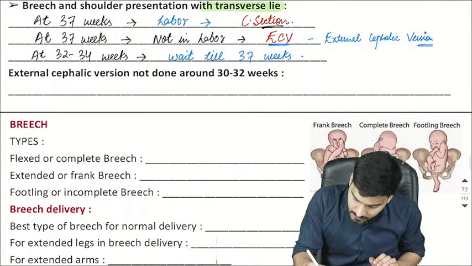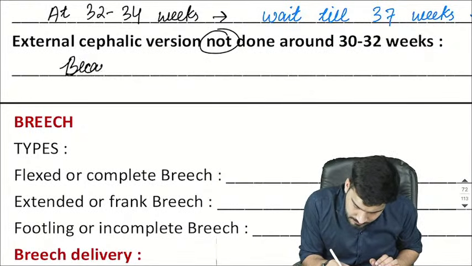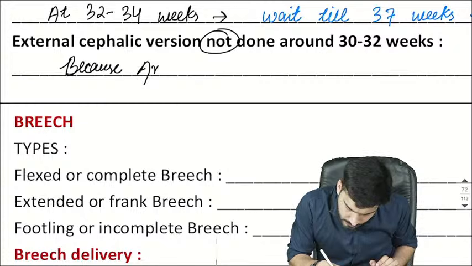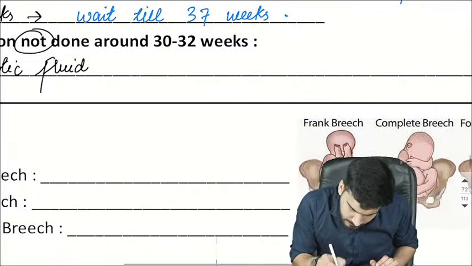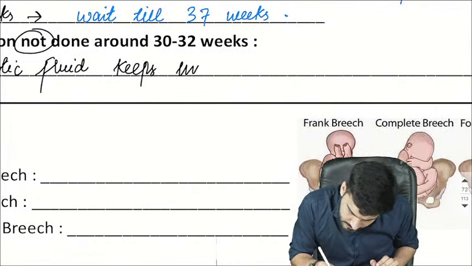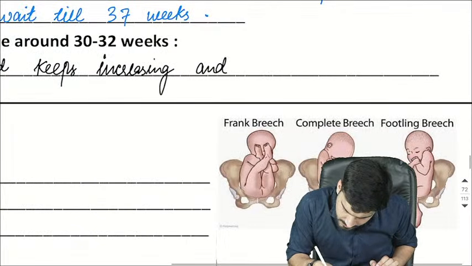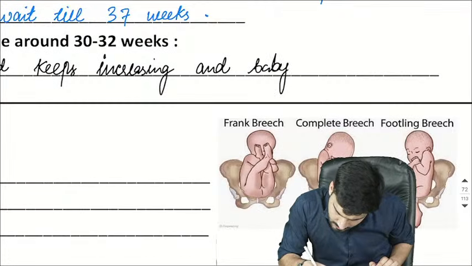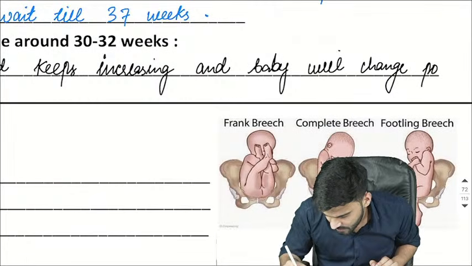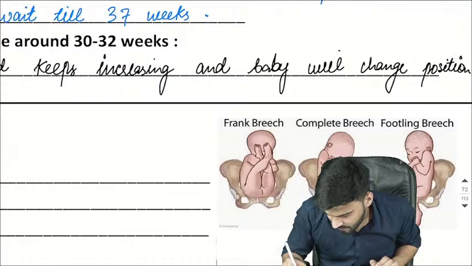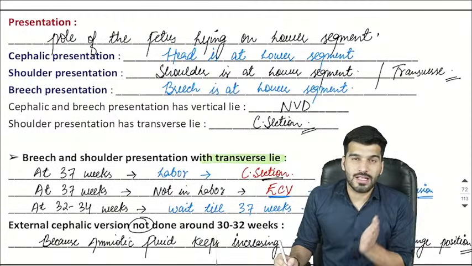External cephalic version is not done around 30 to 32 weeks because the amniotic fluid keeps increasing and the baby will change position. So that's all about the transverse lie.